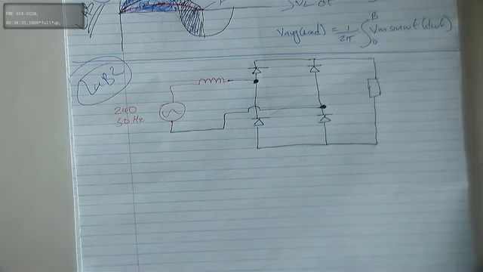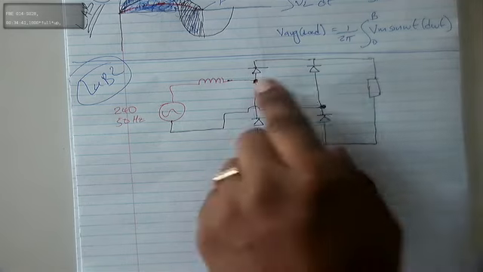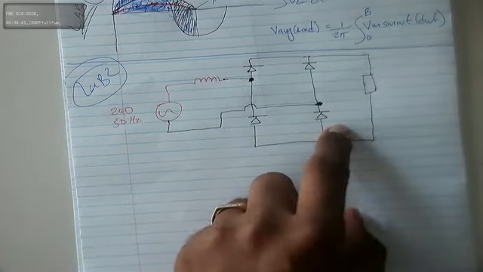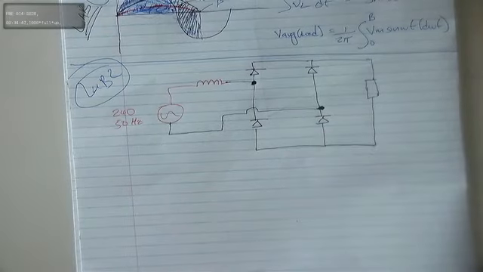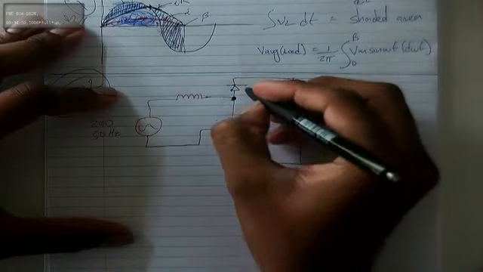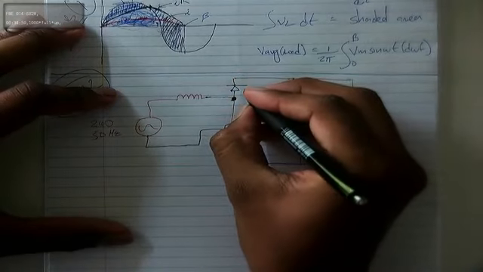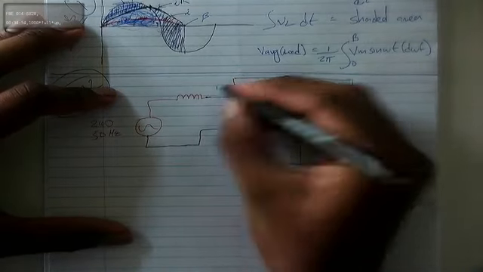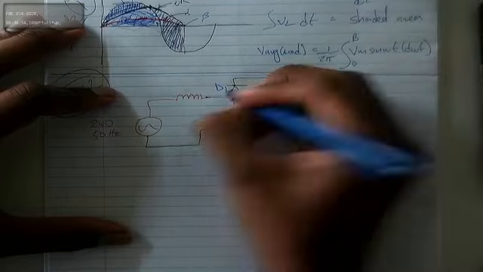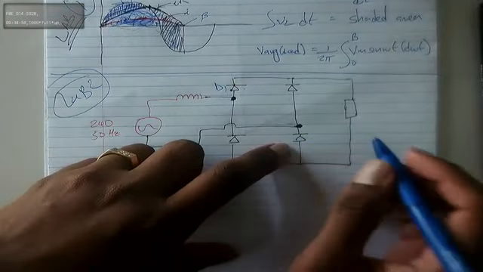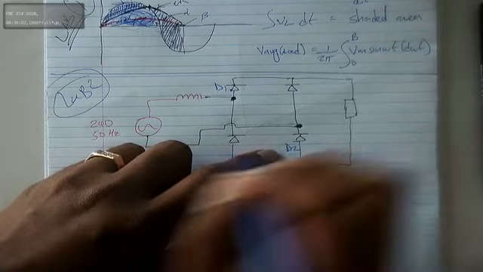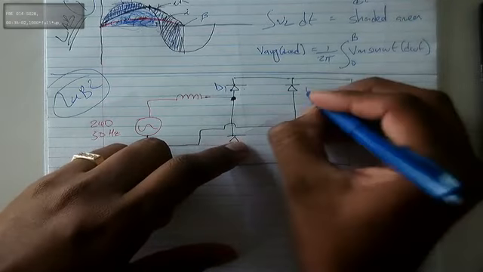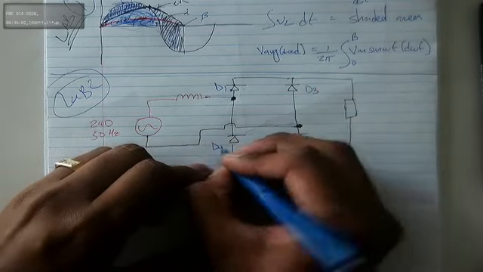Now, diode numbering, I can do it in whichever way I want. Just to reduce the confusion, I am going to write it in a way which you will understand soon why. So this is D1, this is D2, and D3, D4.